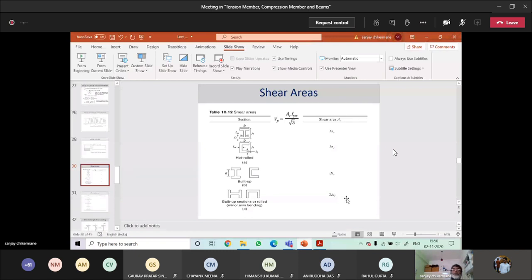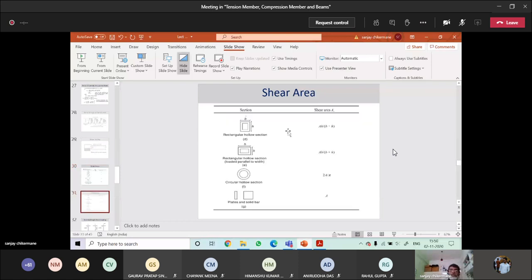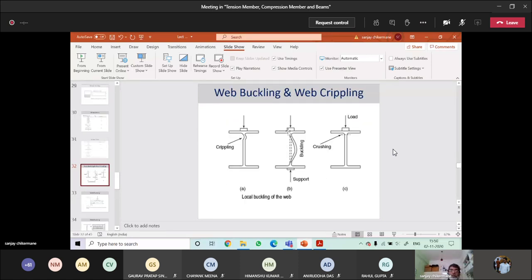So depending upon how your section is, it is this D, which is the distance between the two welded faces, times TW. That ends up becoming your shear area. So if you know your shear area, you know that AV times Fyw by 3 root 3, that is your design shear strength of a section. Is this okay?